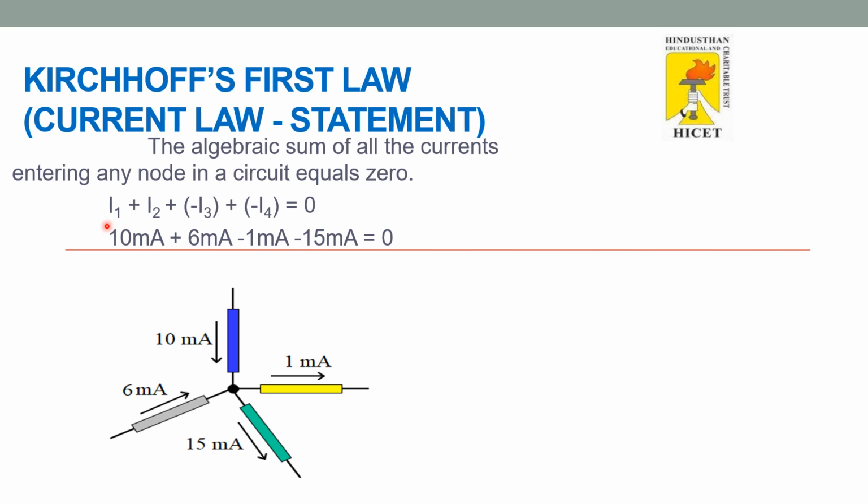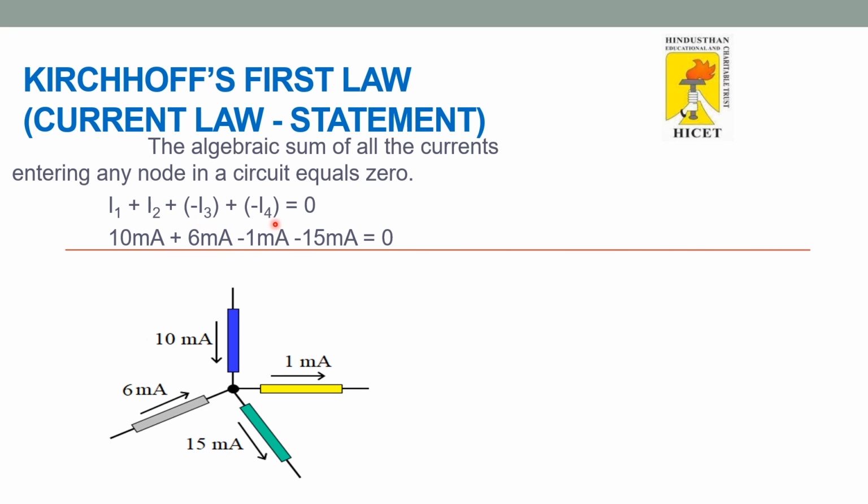From this equation, I1 is considered as 10 milliampere, I2 is considered as 6 milliampere. These two are positive because it is an algebraic sum. We consider current towards the junction as positive, and current leaving from the junction as negative.